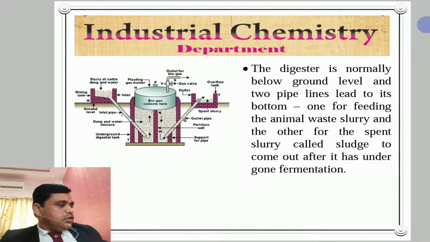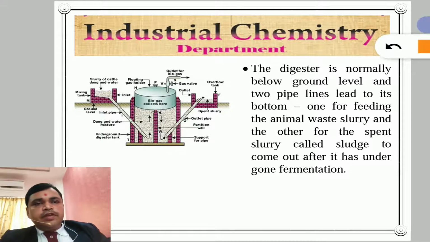I show here the outlet pipeline, and the solid material after formation of methane gas is known as sludge. It is a very good fertilizer and is used in the farming process.